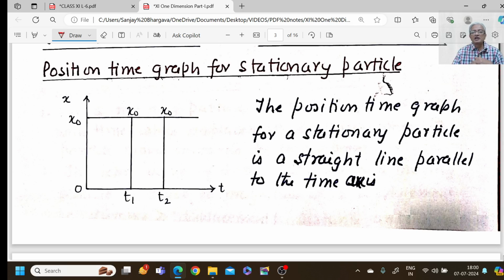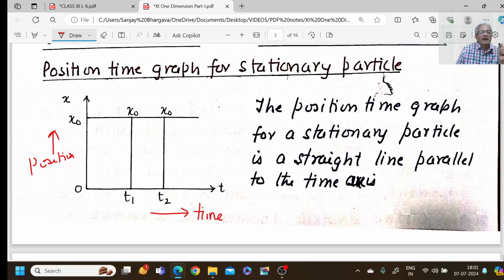Now let us study the position-time graph for a stationary particle. A particle is said to be in the state of rest if its position does not change with respect to time. So on this axis we are plotting position. On the x-axis we are plotting time.